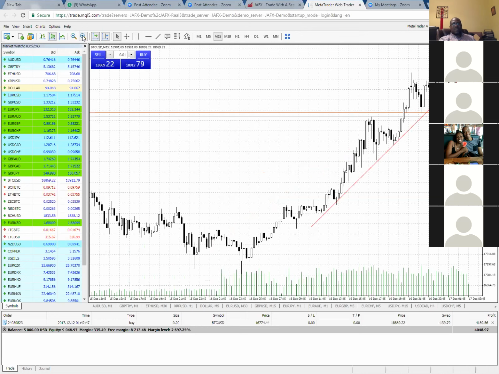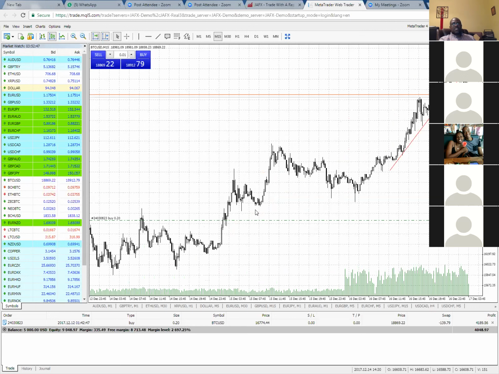Now we have a very long-term bullish trend, but notice that as the trend comes here, the market will consolidate sideways to down to create more strength. That's called the relative strength index. So we had a pullback here. From the pullback there, the market went higher.